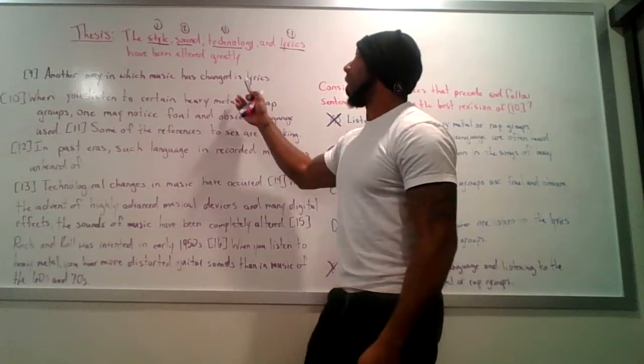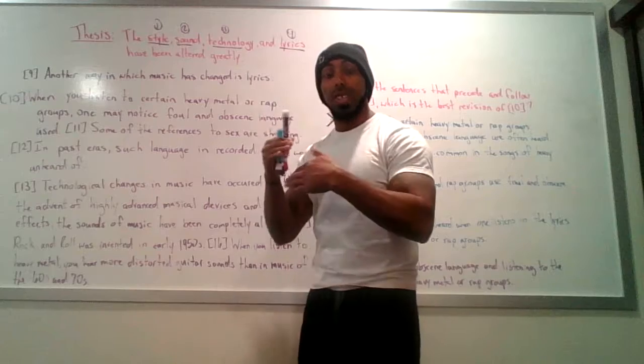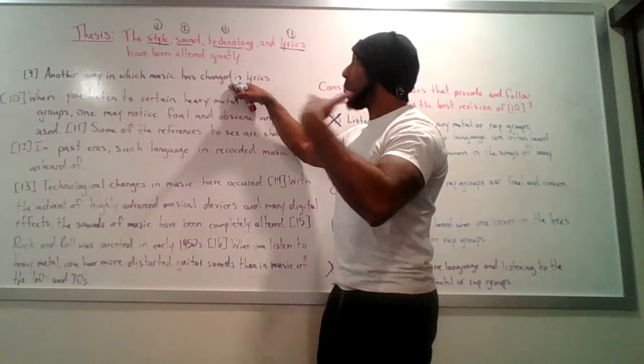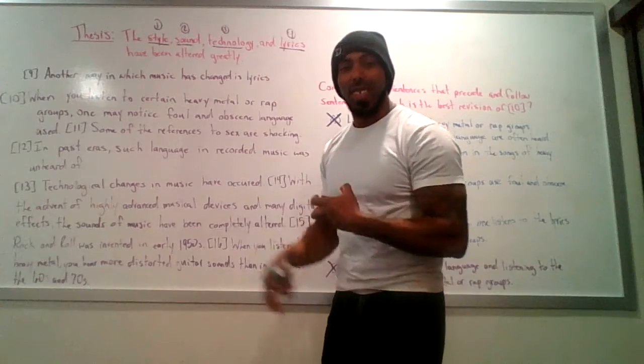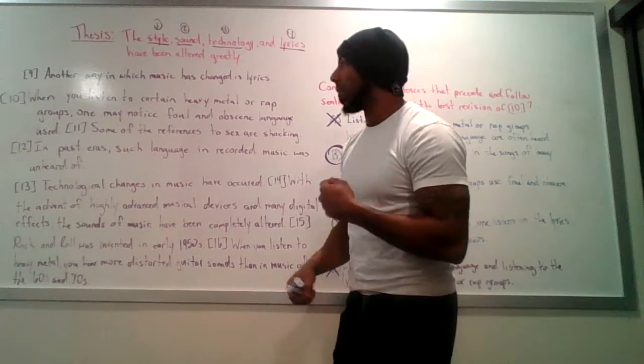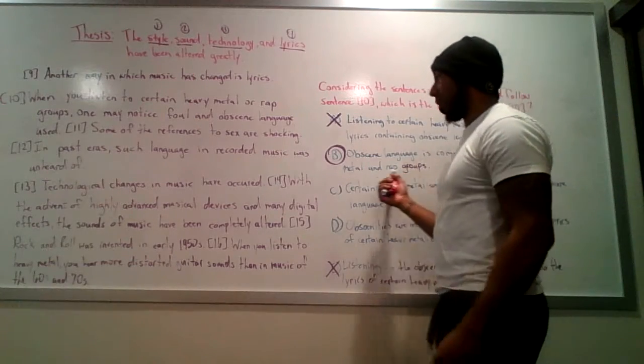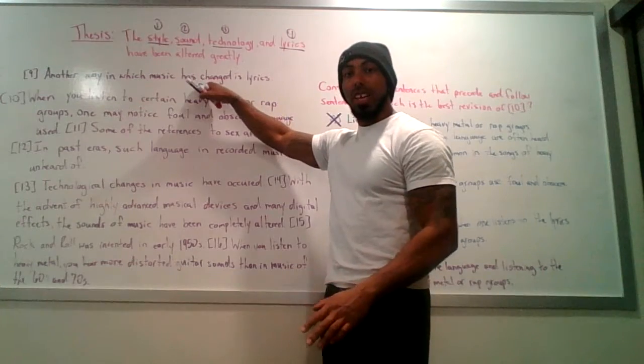Okay. Now, a good way to follow this is to support it with a piece of evidence or a statement, which is to say, "obscene language is common in the songs of heavy metal and rap groups," because the topic sentence is very vague.